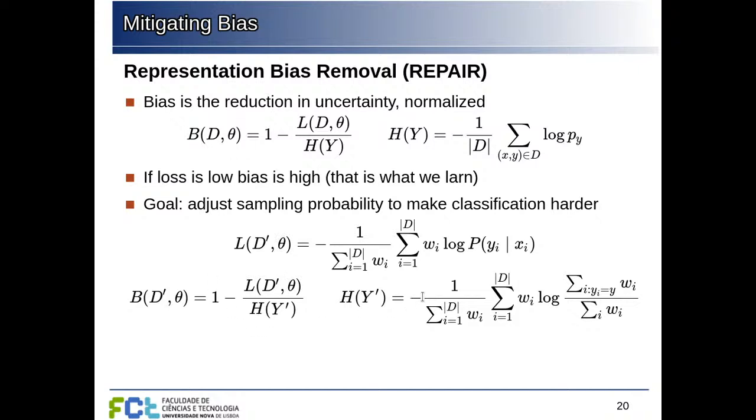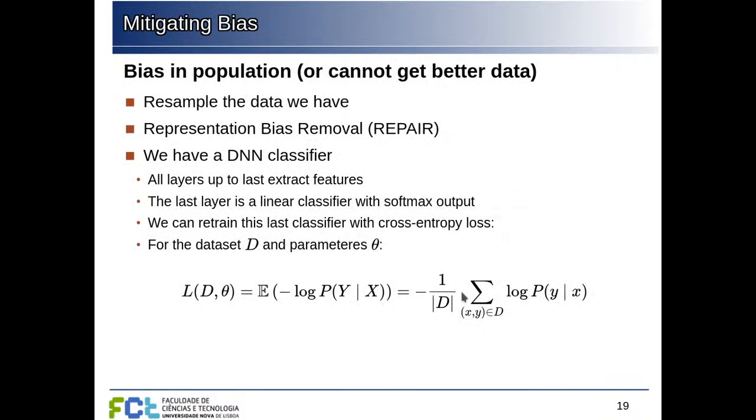And also we can adjust the bias here by also weighting these different weights, but basically this would be the expression that we have for computing the overall entropy in the different classes. We have to consider the weights for each example relative to the total weights on the class, and then normalize everything by the sum of the weights. But this is basically the same thing where we are weighting each example differently, and the same thing here for the loss function where we are giving different weights to the examples.